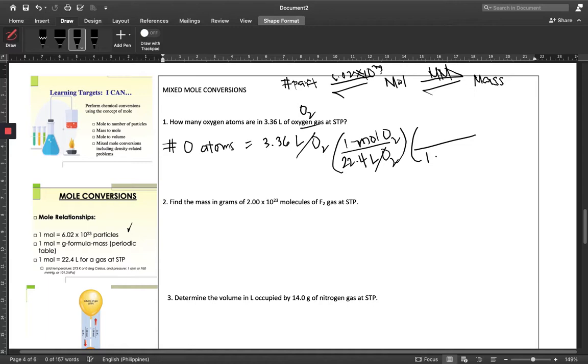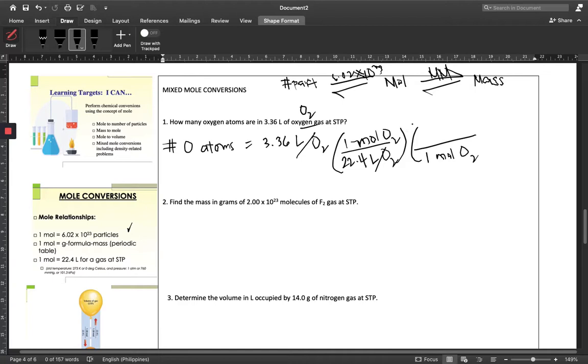So you have 1 mole of O2, so that we can cancel. But take note that we are looking for the number of atoms. So what we can do is we can have first the number of moles of O atoms. For every molecule of oxygen gas O2, there are 2 oxygen atoms.